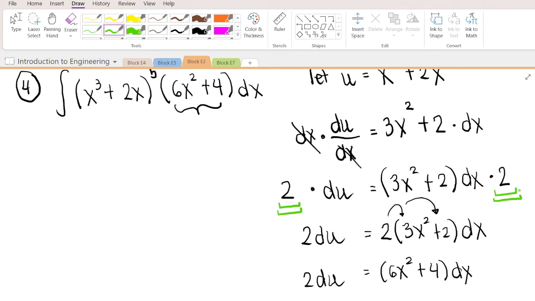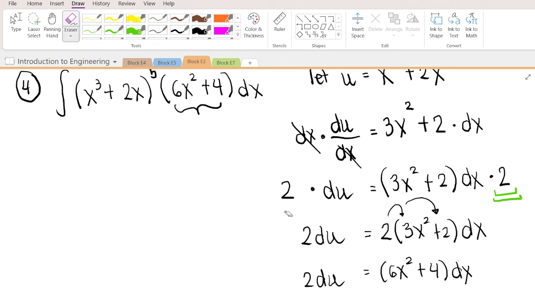So I think one thing that you have to learn from this example is you have to really imagine or have that intuition in your head: what basic mathematical operation should I do to modify the du over dx equation in such a way that I can easily substitute it in the integral that I have? So this is my way.